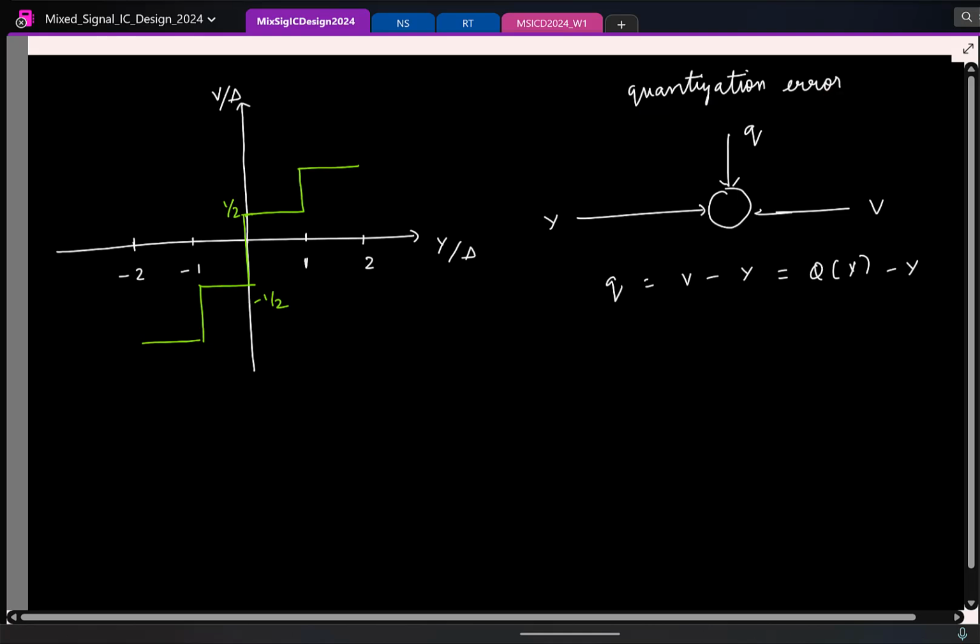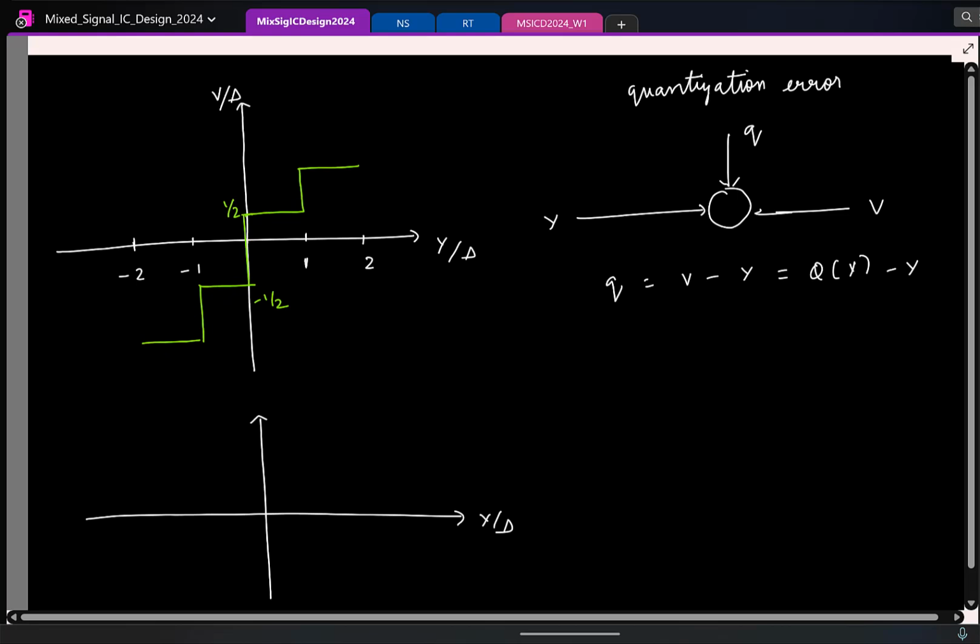So what I'll do, I'll try to plot the quantization error also in the same thing. Like this. Again, it's y by delta. So remember, to get the quantization error, I have to subtract the input from the quantized output. So I'll draw a straight line y equal to x.